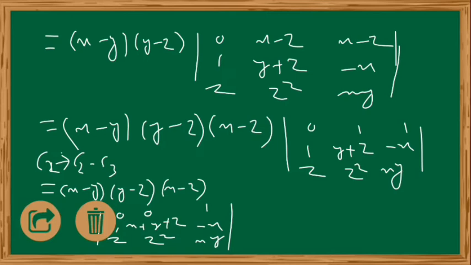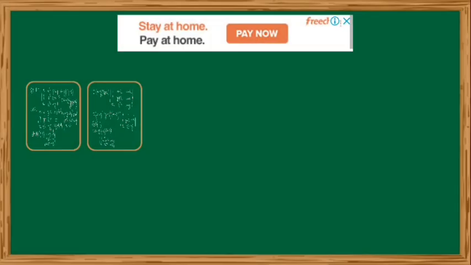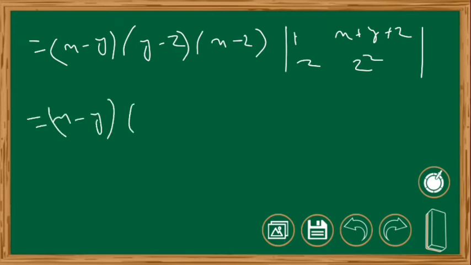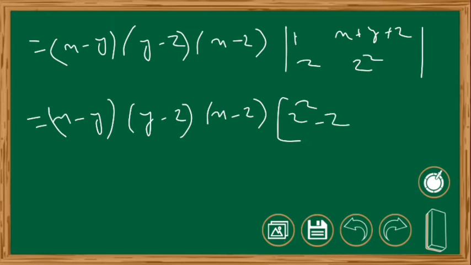Now this is x minus y multiplied by y minus z multiplied by x minus z. Let me multiply this one. This is z square minus zx minus yz and again minus z square. Is that clear?